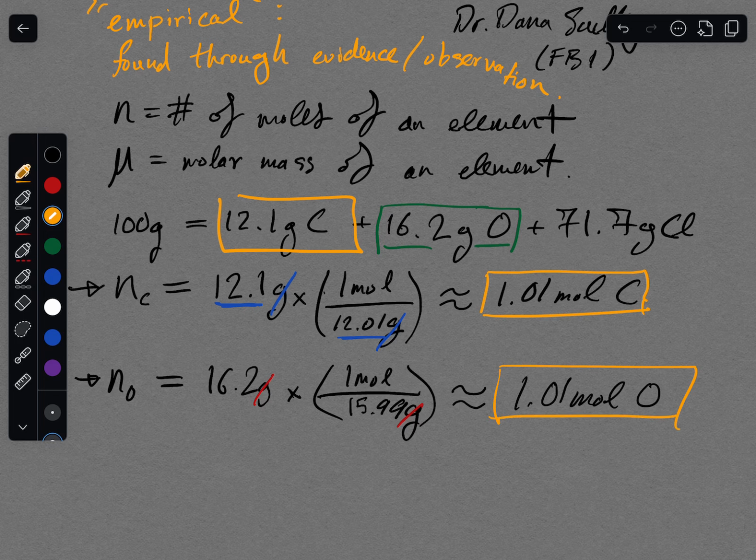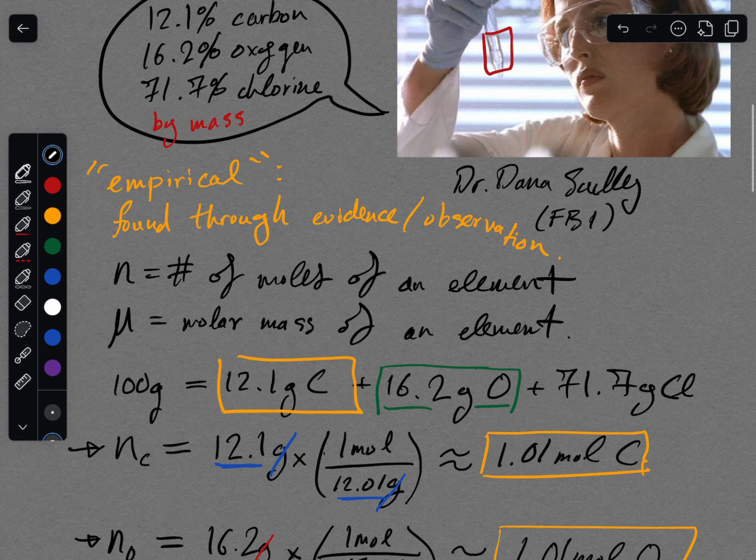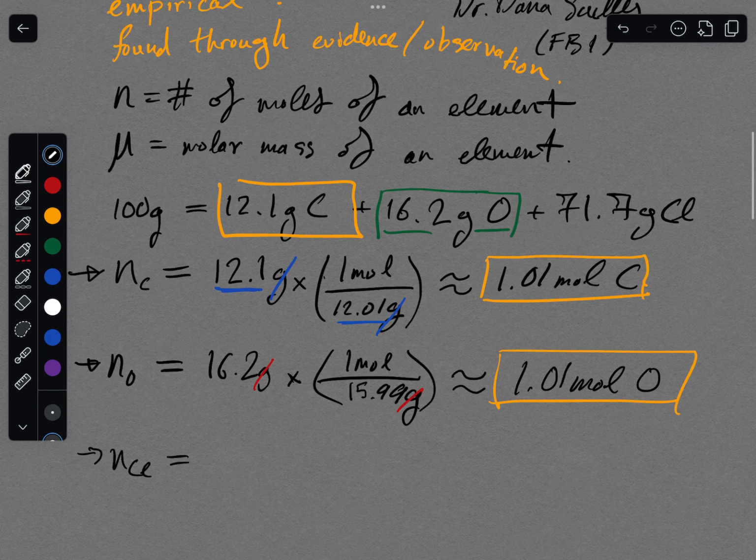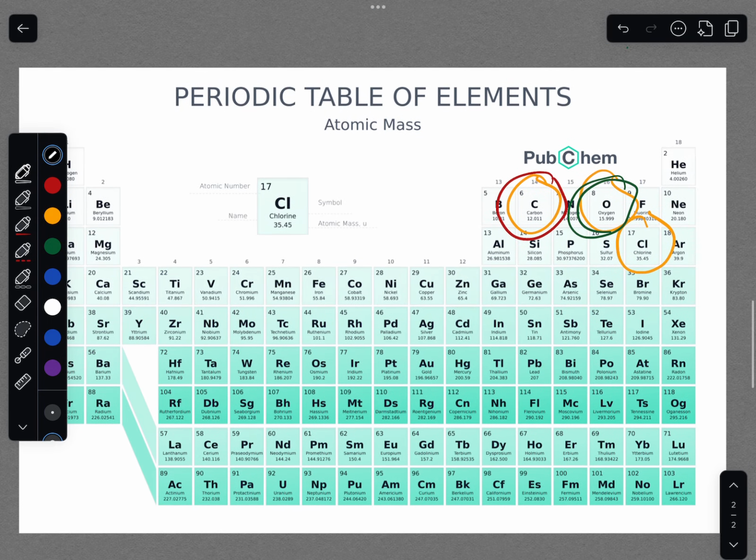And finally, for chlorine, go back up, there was 71.7 grams chlorine. And again, I will need to find my molar mass of the chlorine on the periodic table.